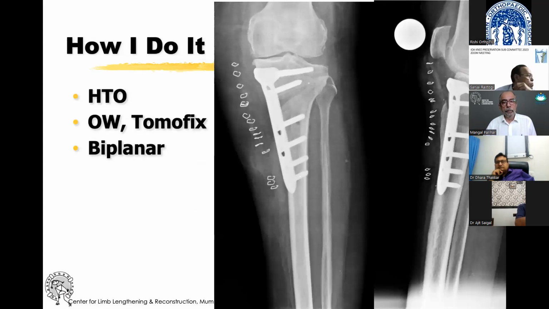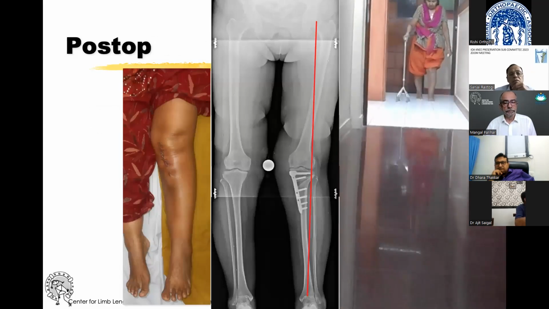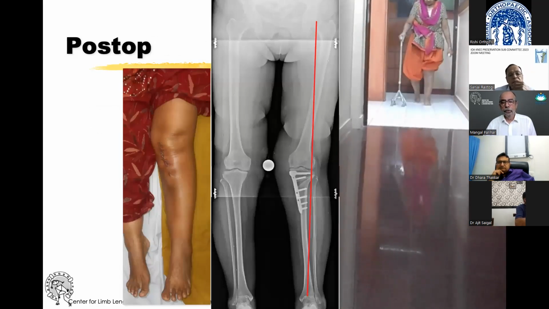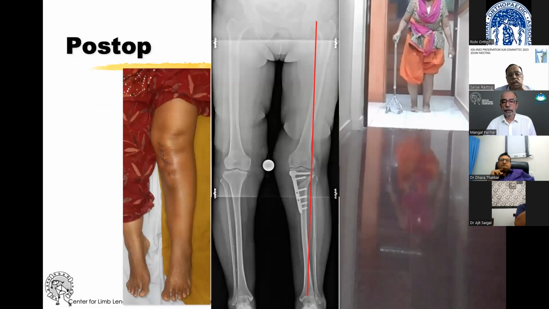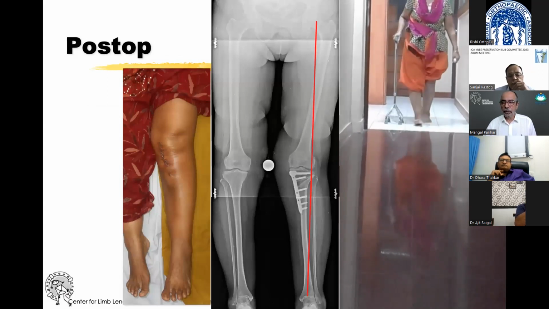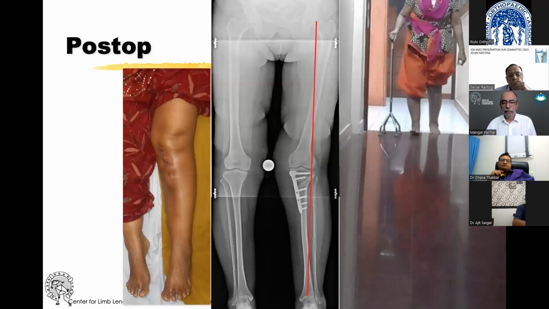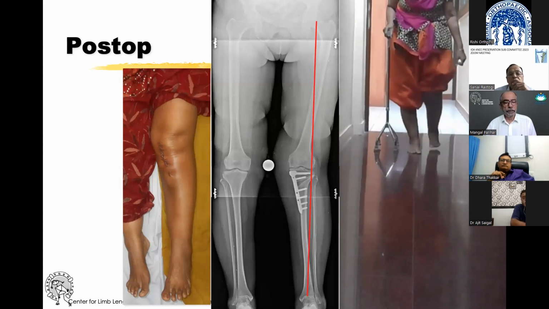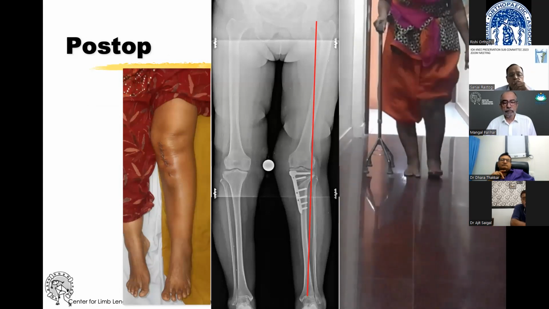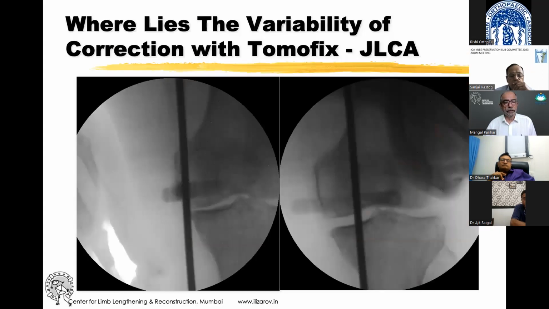So we did an open wedge Tomofix biplanar, like Sanjay will describe to you later. But again, post-op, we have overcorrection. Patient is relieved of her osteoarthritic pain, but she is not terribly happy with the extra valgus which I have given her.